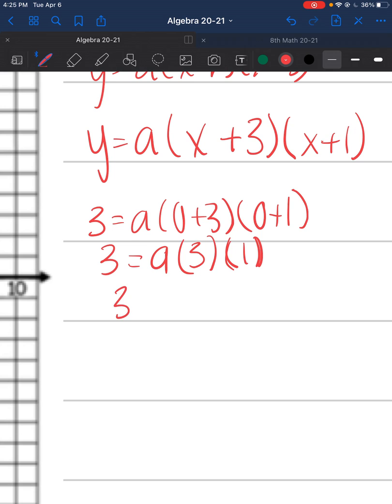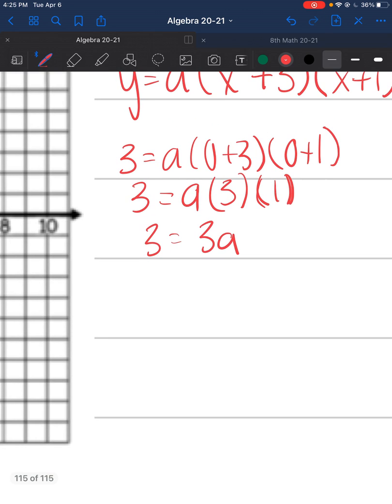Now we multiply. 3 equals 3a, because 3 times 1 is 3. And solve for a. We want to get a by itself, so that 3 and the a are right next to each other. That means it's multiplying, so we divide to get rid of it. 3 divided by 3 is 1, so a equals 1. So we actually don't have to write the a here.